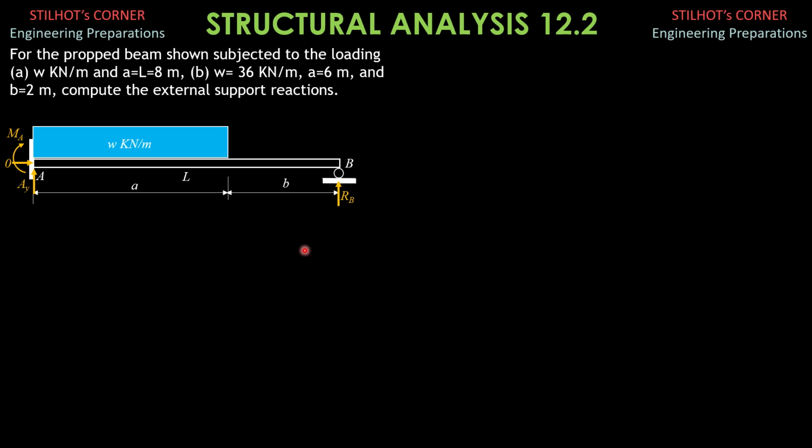So note that in the first part, the loading is over the entire span, and the deflection at the end, if roller support B is removed in the superposition method, is EI delta due to load equals WL to the fourth over 8.